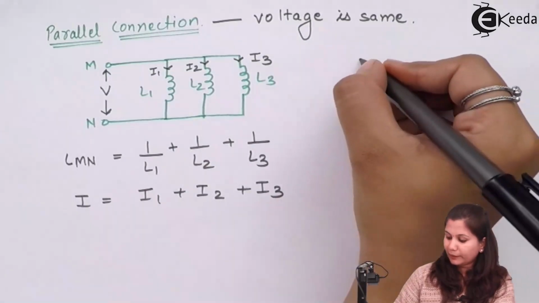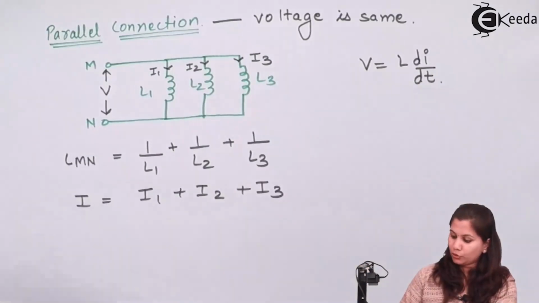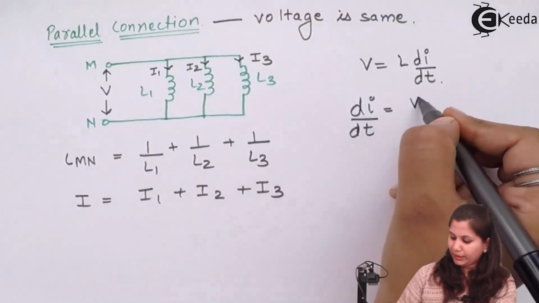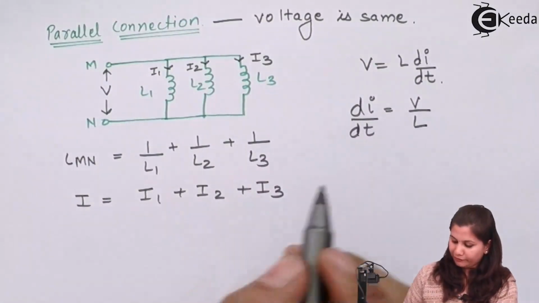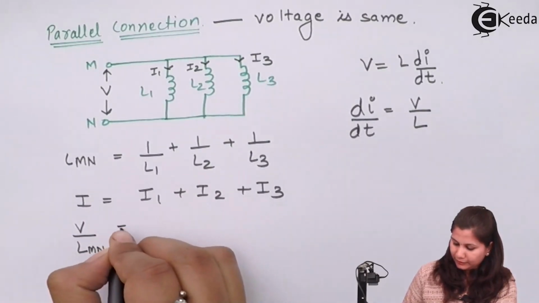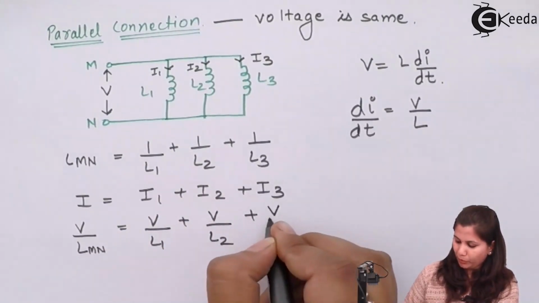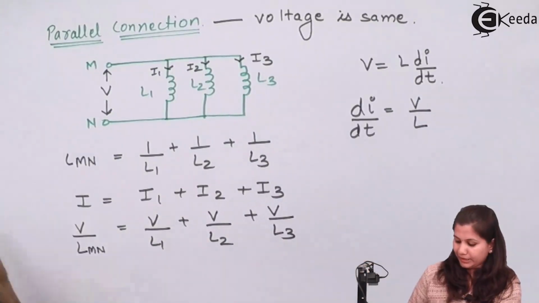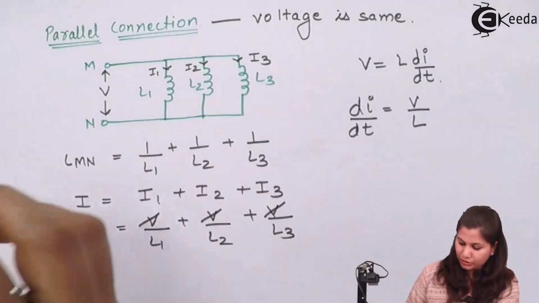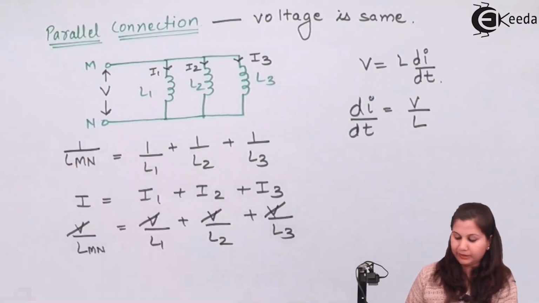From the inductor equation, V equals L di by dt, so current will be defined as V by L. So if we write here, it will be V upon Lmn equals V upon L1 plus V upon L2 plus V upon L3. V can be taken as common, and we will get this equation. Sorry, this is 1 upon Lmn.